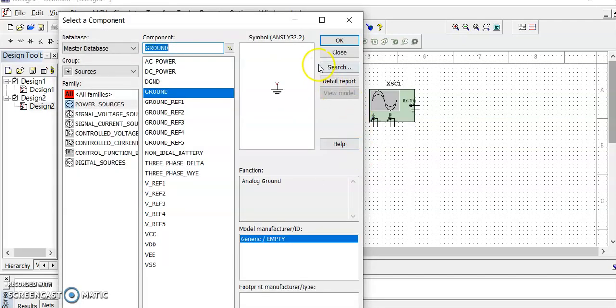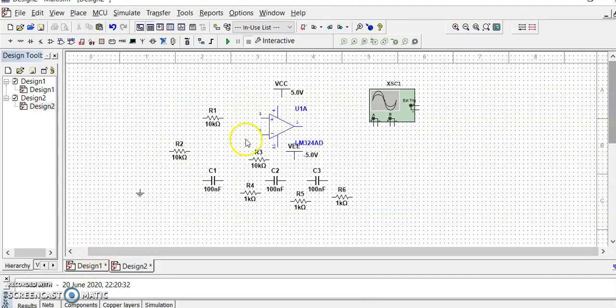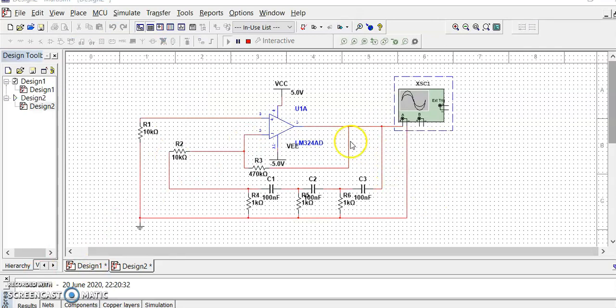Also we need an oscilloscope, which I have already picked. After that, make the arrangement and make the connections in between. After making all the connections between the components, this is our final circuit.